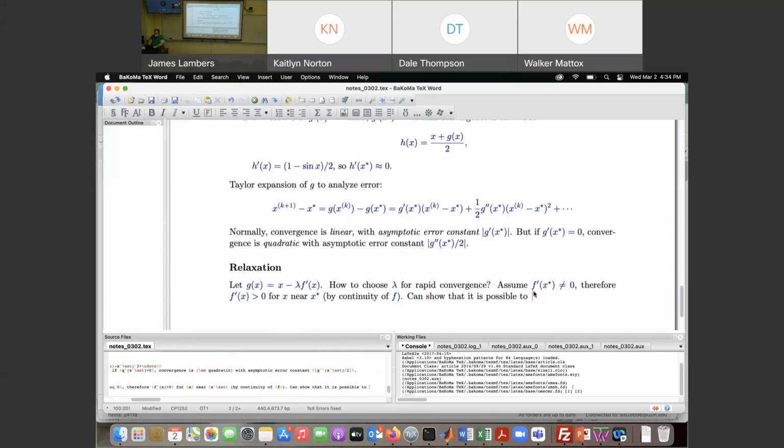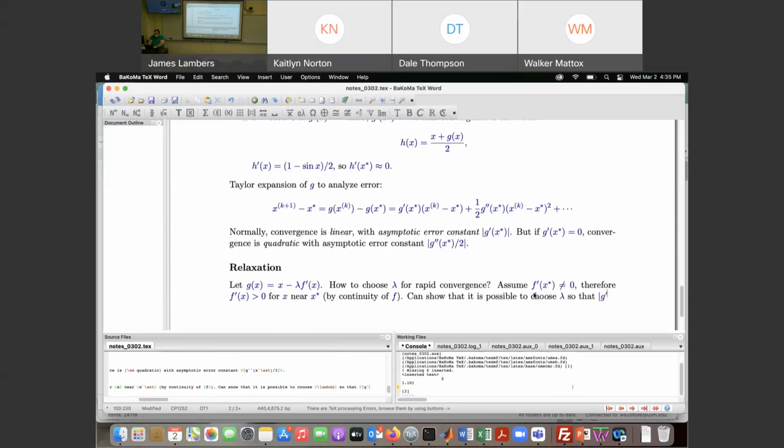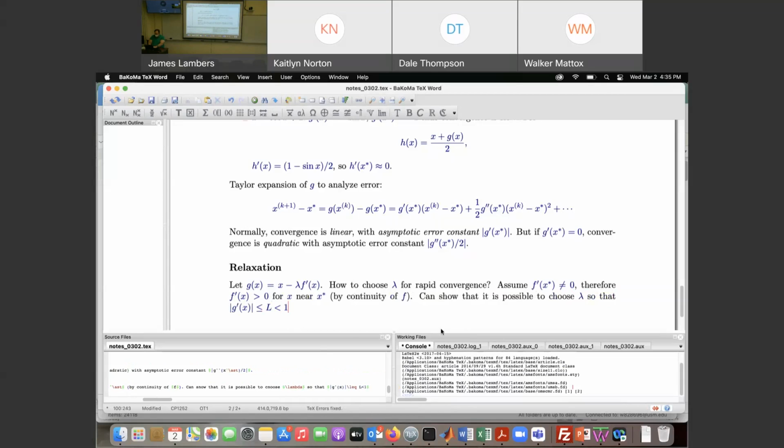So you show it's possible to choose lambda so that the derivative, in absolute value, is bounded away from 1 by some constant L for x sufficiently close to x star.